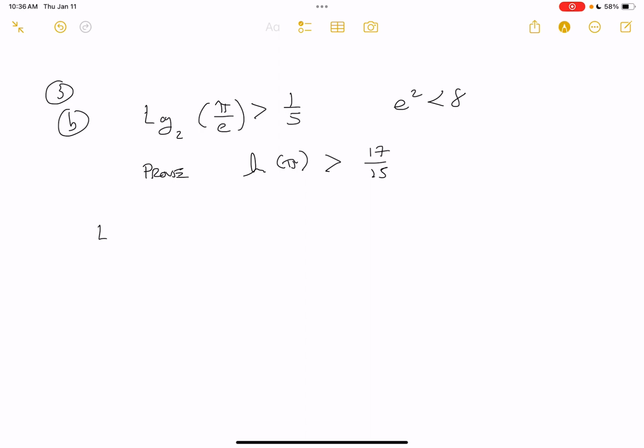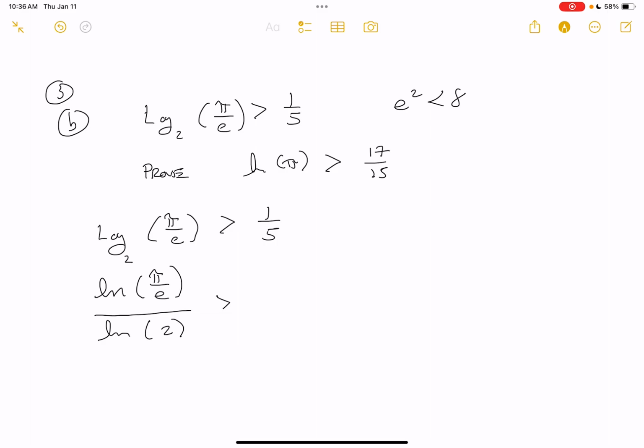We're going to write down log base 2 of pi over e, which is greater than 1/5. I'm going to write down the base change formula: the natural log, this is base e, by the way, of pi divided by e, over the natural log of 2.